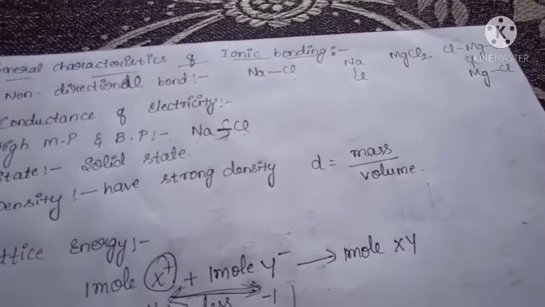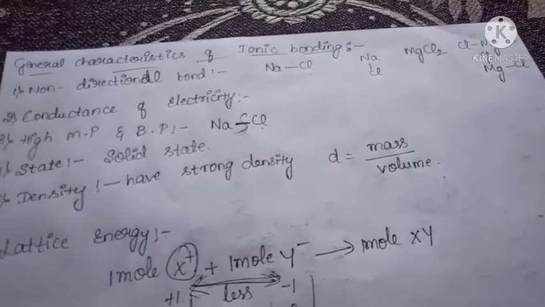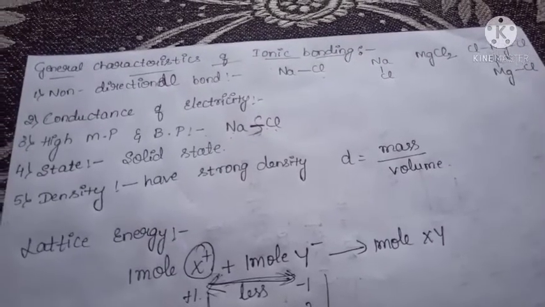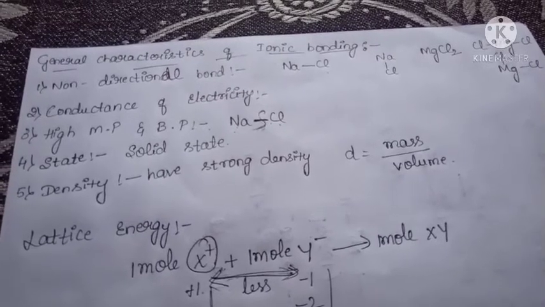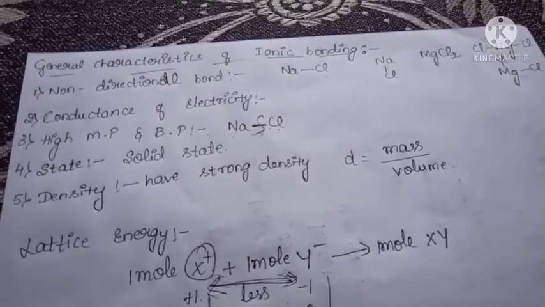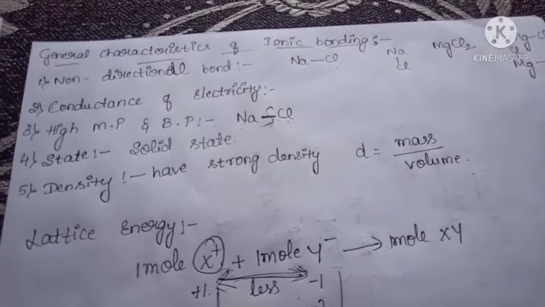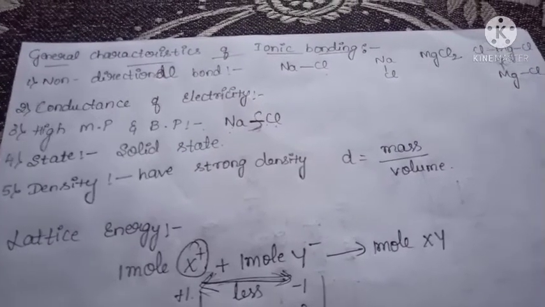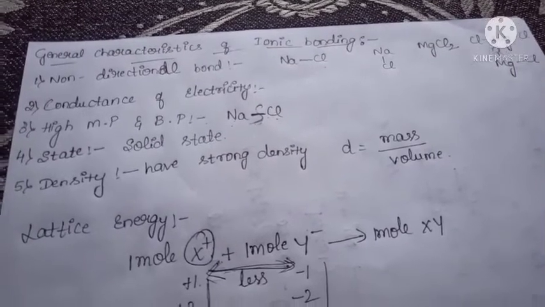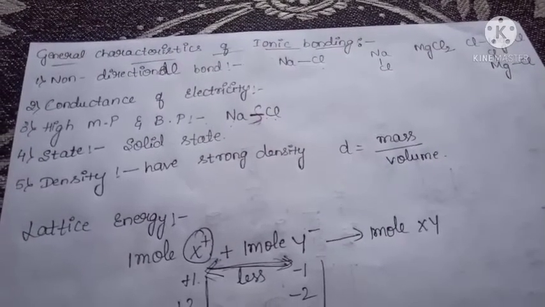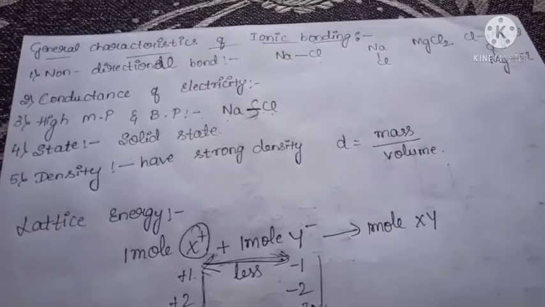Okay. Next, general characteristics of ionic bonding. First one is the non-directional bond. It means the ionic bond does not have any direction. We can write it in all directions. Second one is conductance of electricity.